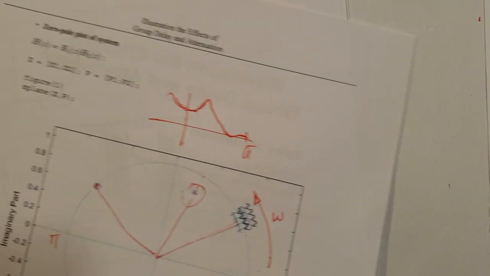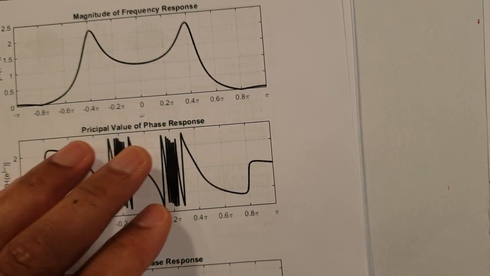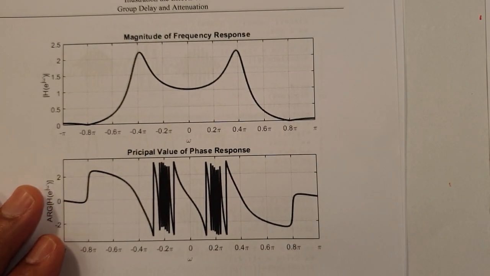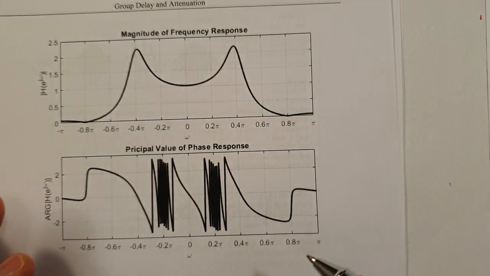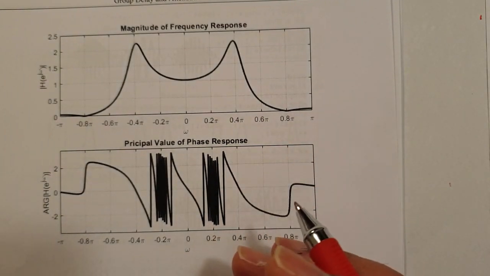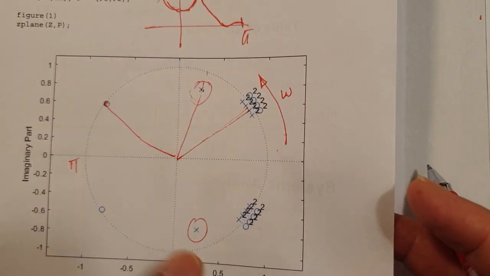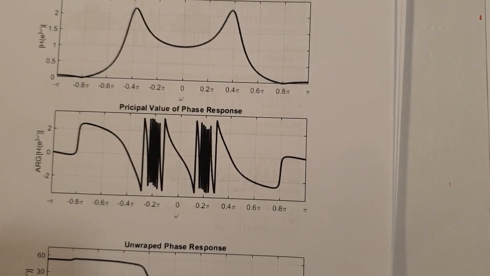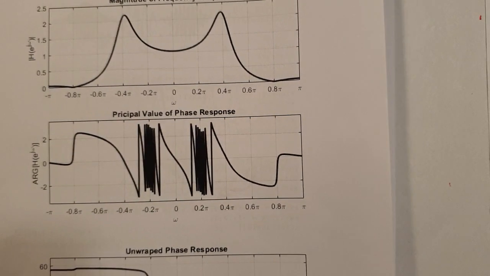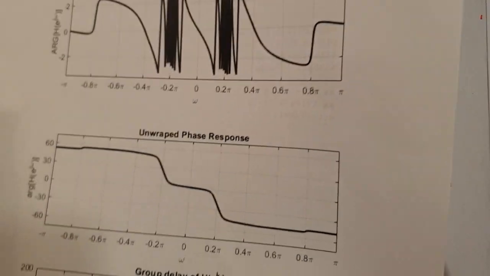But let's look at the actual picture. Is this one? So this is the frequency response, which is a reflection of what we have discussed about the zero pole location. Okay, now the group delay, which is something very important, it's the derivative.